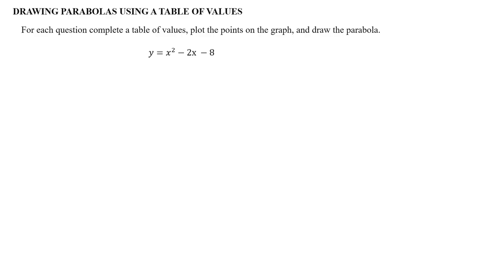Here we have another equation, y equals x squared minus 2x minus 8. You'll notice that the x squared term comes first, followed by the negative 2x, followed by the negative 8.